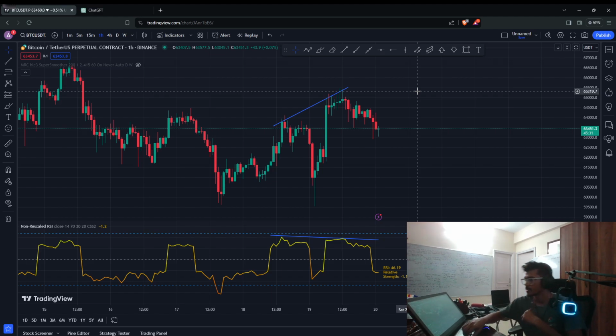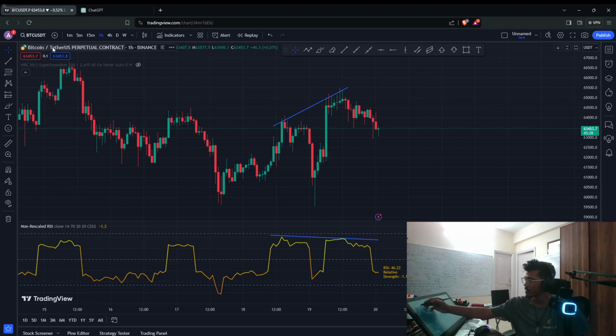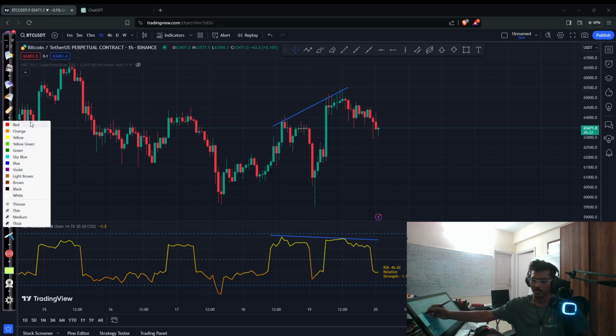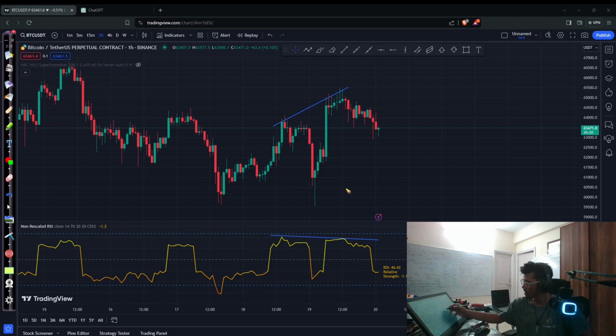That's your divergence at its purest form, and you can see it clearly. Most of the time in divergence trading, you have to see that divergence first.